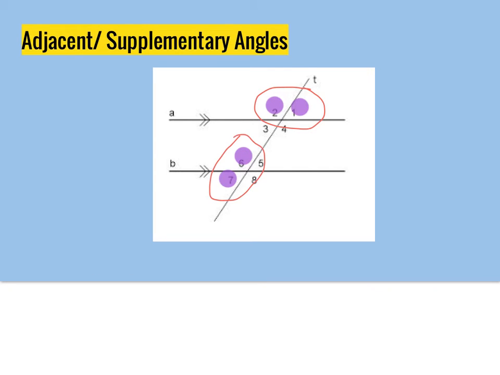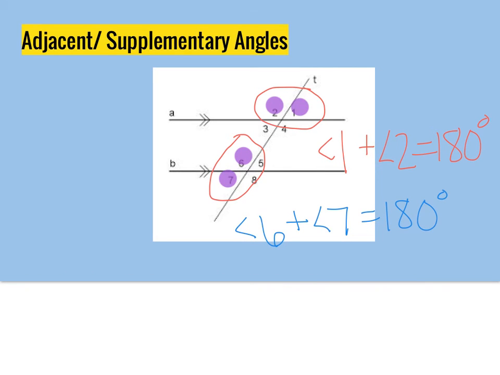Together 6 and 7 make a straight line. They are supplementary. So I could say angle 1 plus angle 2 equals 180 degrees. They are adjacent, side by side, and supplementary. Together they make 180 degrees. Similarly, I can say angle 6 plus angle 7 equals 180 degrees.